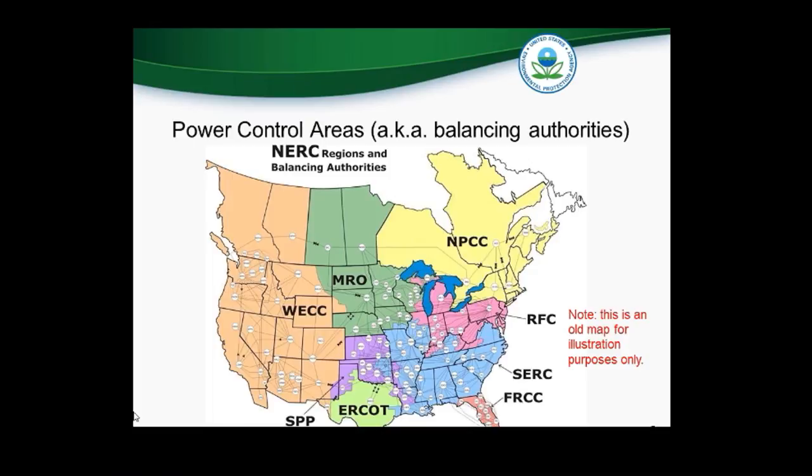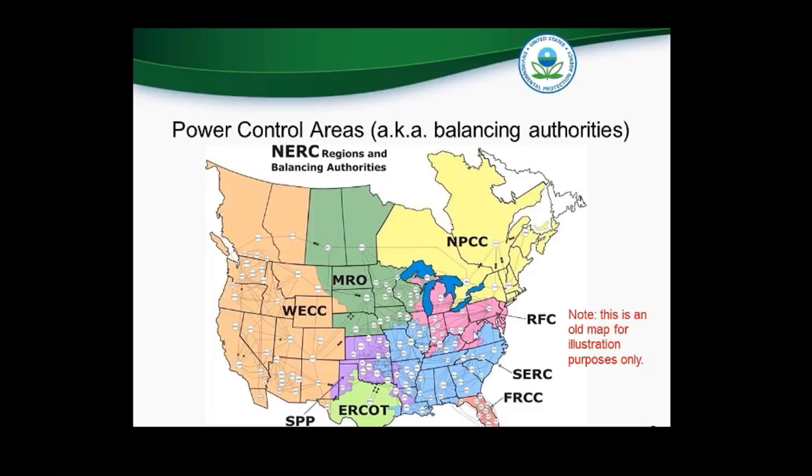As demand for electricity rises and falls, the grid operators signal plants to increase or decrease their generation based on cost or bid price into the system. Or if available, they'll increase or decrease imports of electricity from neighboring power control areas. The bubbles on this map represent the power control areas, and the lines in between represent the ties between these areas through which electricity can be imported and exported.